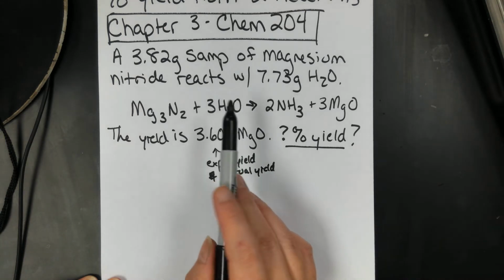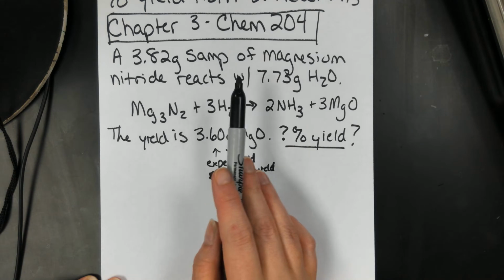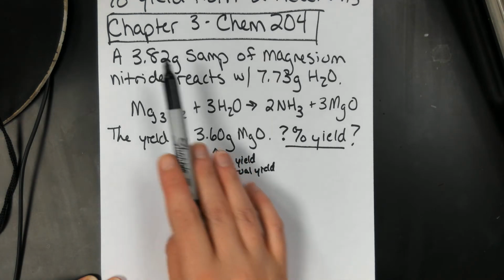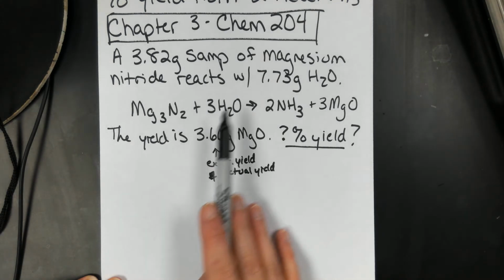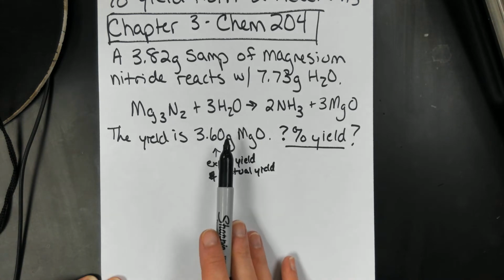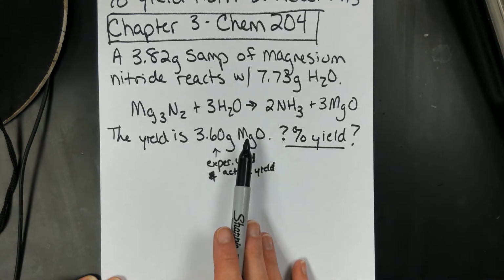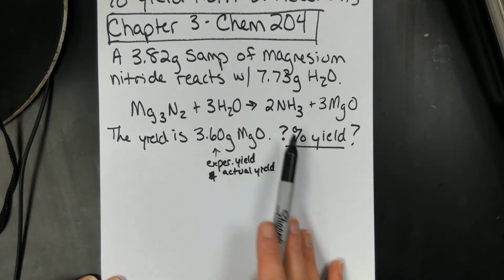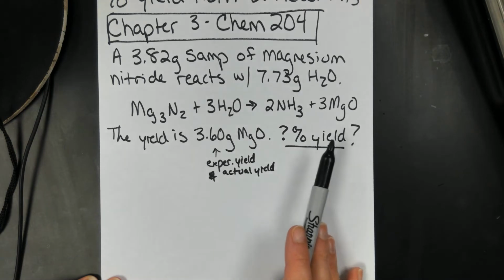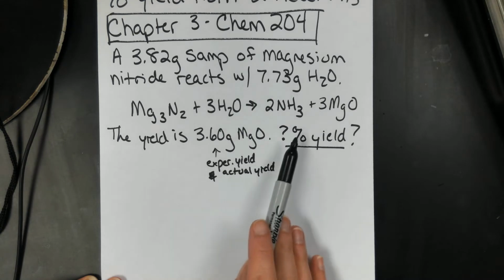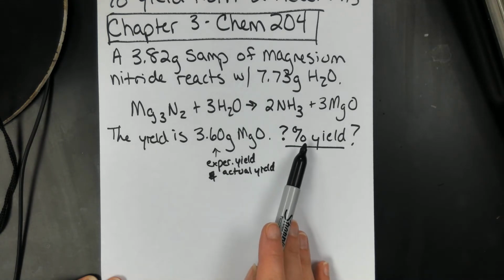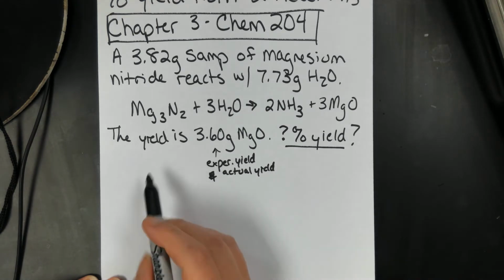So a person just like yourself went and combined these two together, did the reaction, and got 3.60 grams of magnesium oxide. What's the percent yield? So how good were they? Did they spill sample? Did they lose things? Let's talk about what the calculation for percent yield actually is.